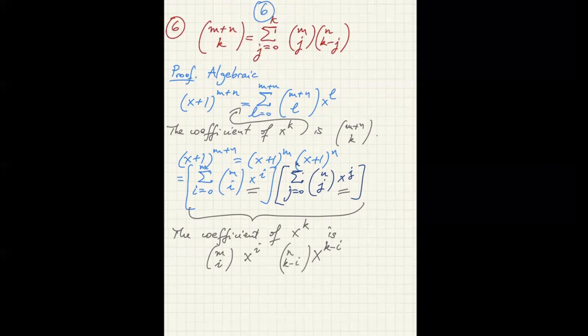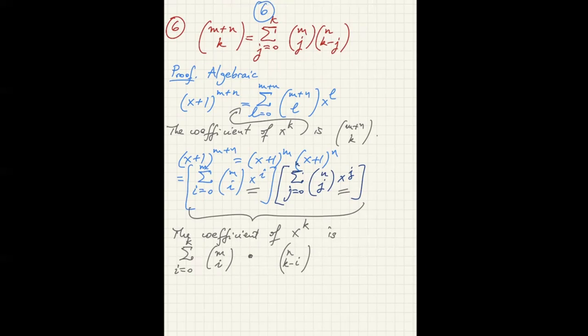But now how large can i be? This i cannot be bigger than k, and can only be as small as 0. So it's going to be a summation from i equals 0 to k of this expression. So this is the coefficient, and we get our answer. It's the same thing, with i here and j above. So this is the proof that m plus n choose k equals this sum of products.